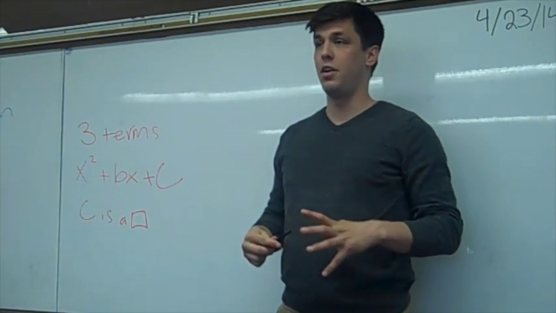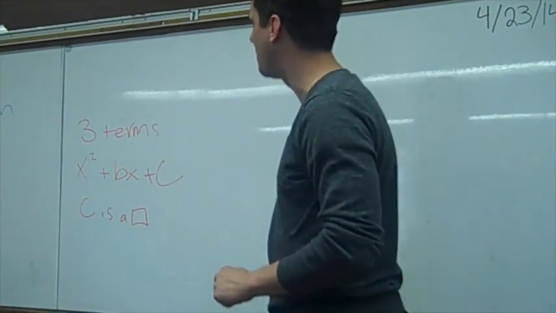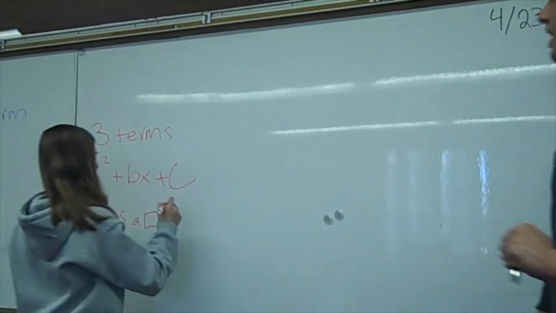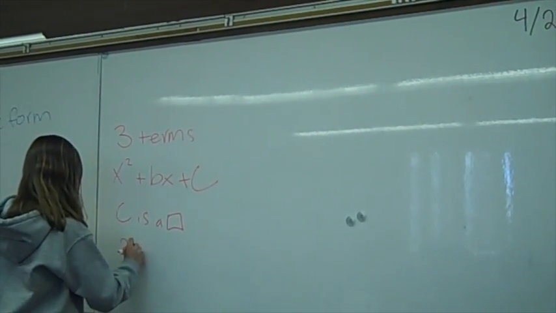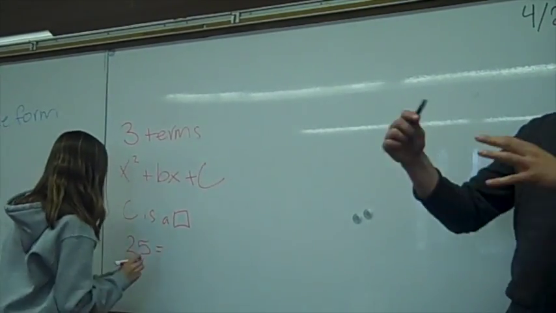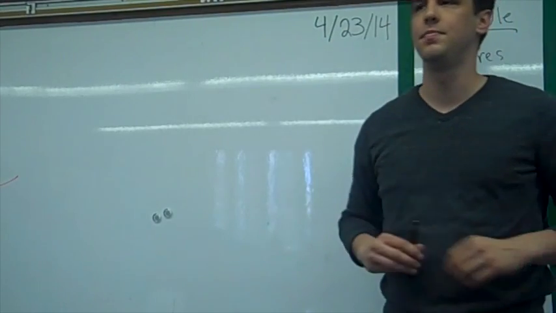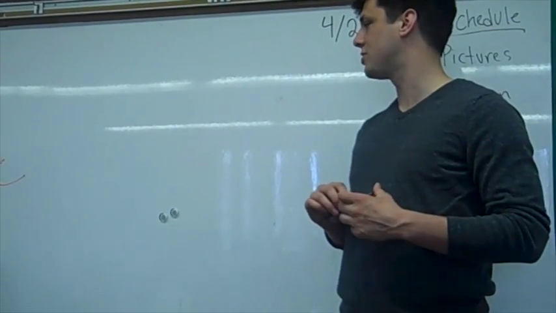There's some number, when squared, that makes c. So suppose that c is 25. Will you write 25 next to wherever on there? And then write equals, what does 25 equal? What squared is 25? Nils? 5. So 25 equals 5 squared.